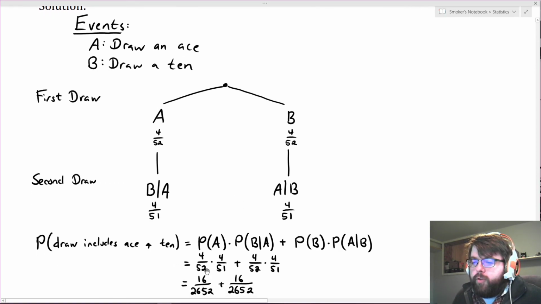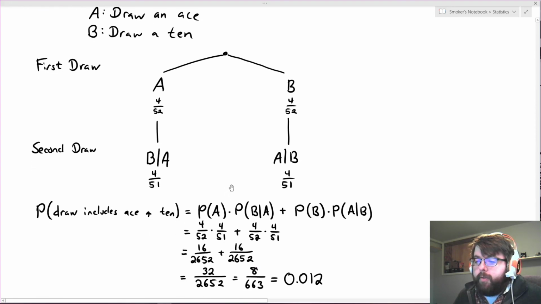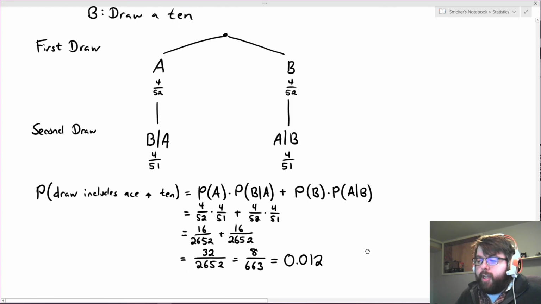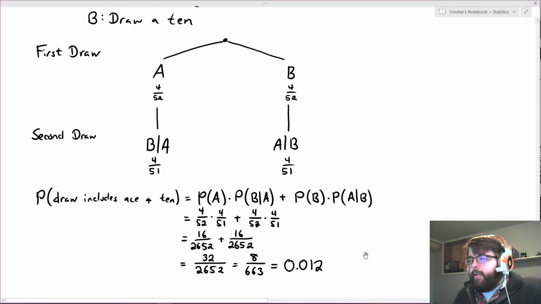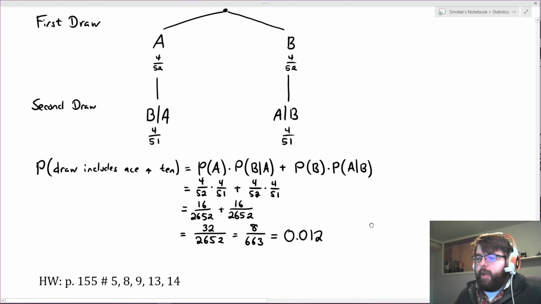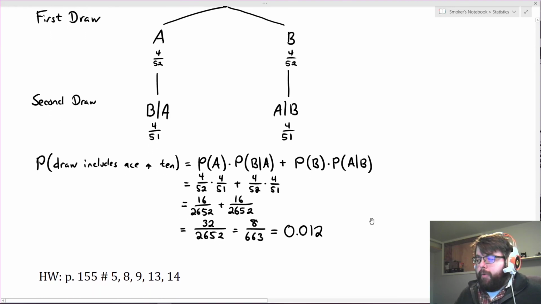Both of those come to 16 out of 2652. You add those together. Common denominator already, 32. Simplified, it's 8 out of 663. So there's about a 1.2% chance that you can get an ace and a 10 out of a deck of cards. Okay. All right.